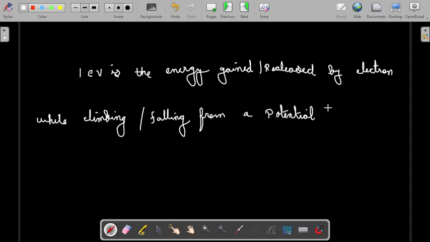This is the physical significance behind eV. So 1 eV directly corresponds to 1 volt.